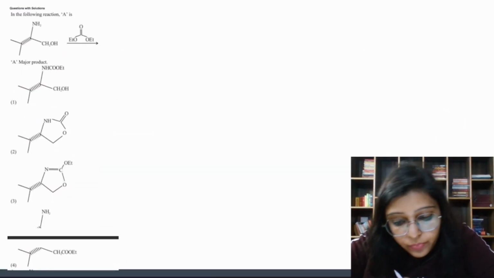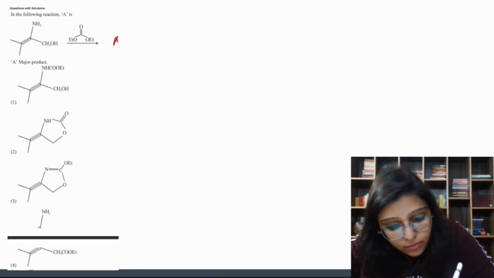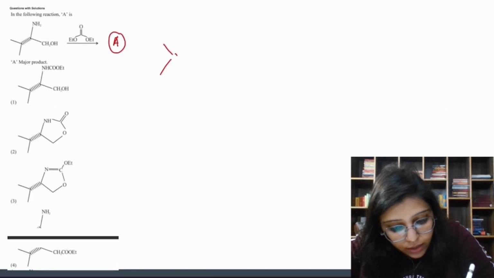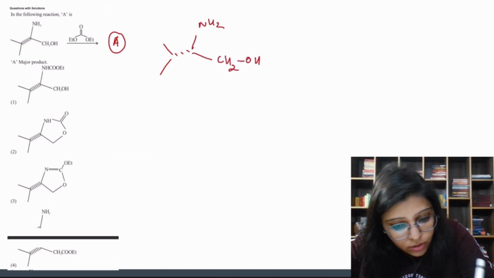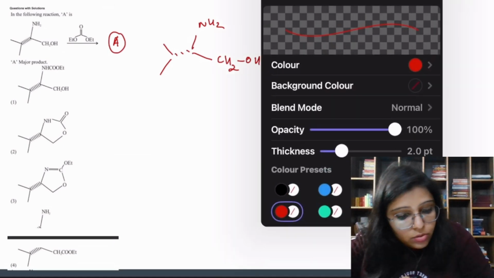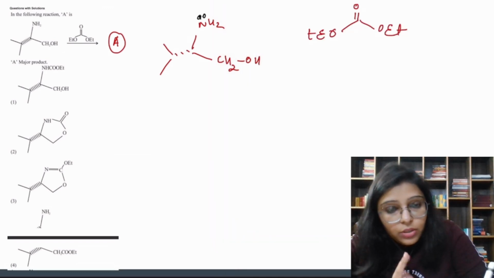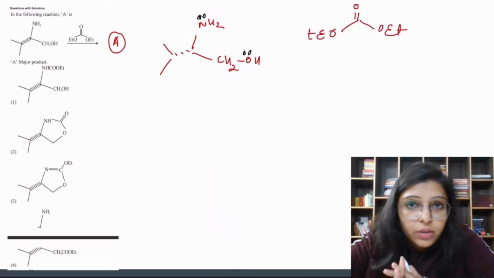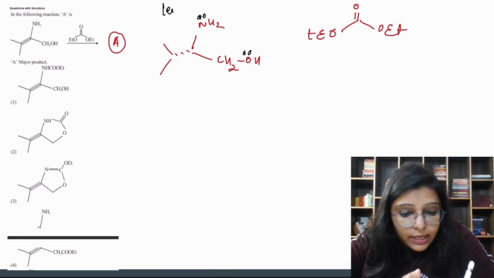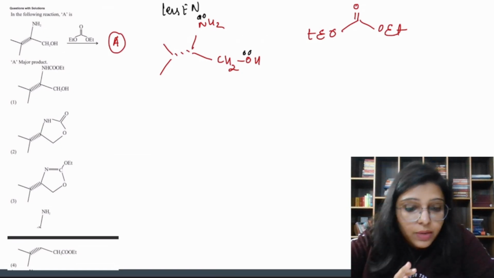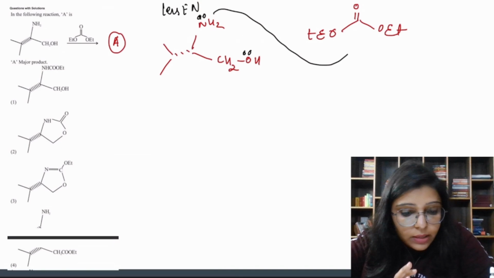Now next question. In the following reaction, A is? So see, we have NH2 and CH2OH, and diethyl carbonate, OEt double bond OEt. Now nitrogen has a lone pair, and oxygen also has a lone pair, right? But nitrogen is less electronegative, so it can give its lone pair easily. So it's a better nucleophile in comparison to OH.